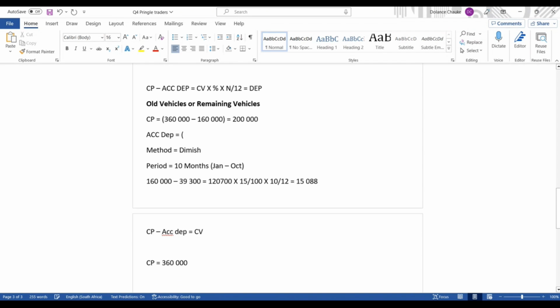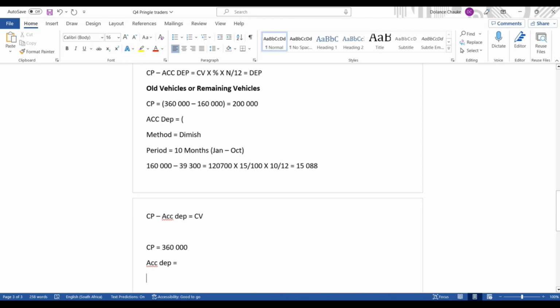And then they did not give us the accumulated depreciation, but they gave us the carrying value of 202,500. Can we calculate the accumulated depreciation? If you can't, I can assist you.